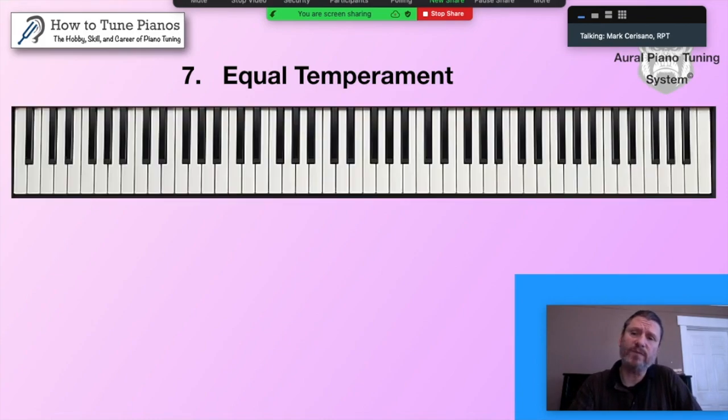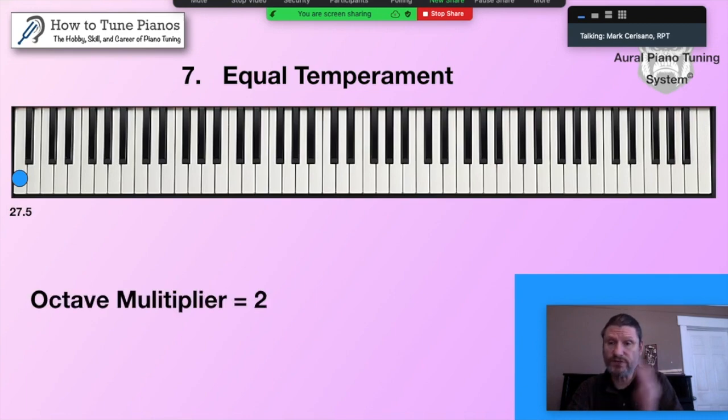So with equal temperament, we can describe this very easily by starting with A0 at 27.5 hertz. Now, the multiplier to produce an octave is 2. We just multiply the frequency by 2 and we get the frequency of the note that's an octave above.